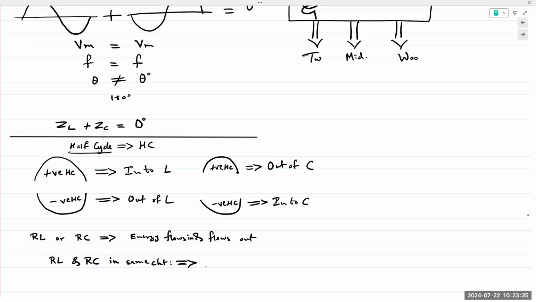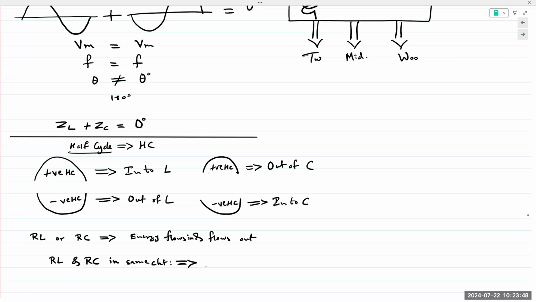The entire system is at zero. There's no energy that is stored. The first positive half cycle, energy flows into the inductor, it gets fully charged. Negative half cycle, energy flows out.